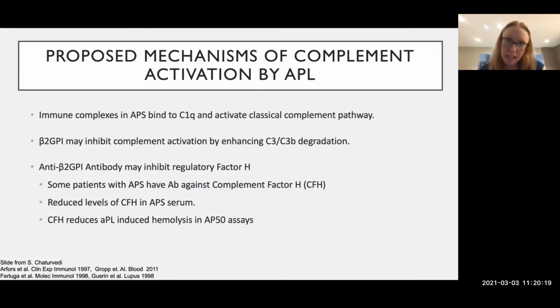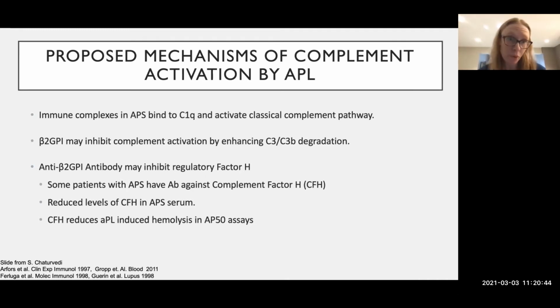Some proposed mechanisms of complement activation by antiphospholipid antibodies, and Dr. Chaturvedi, who's one of my smart colleagues. So this is a slide from her summarizing some of the literature, but that some immune complexes in APS could bind C1q and activate the classical complement pathway.